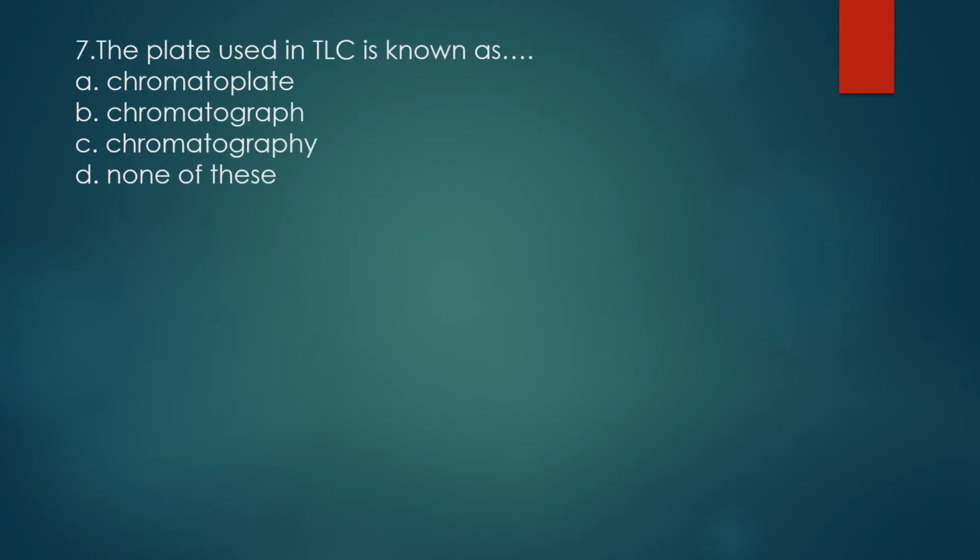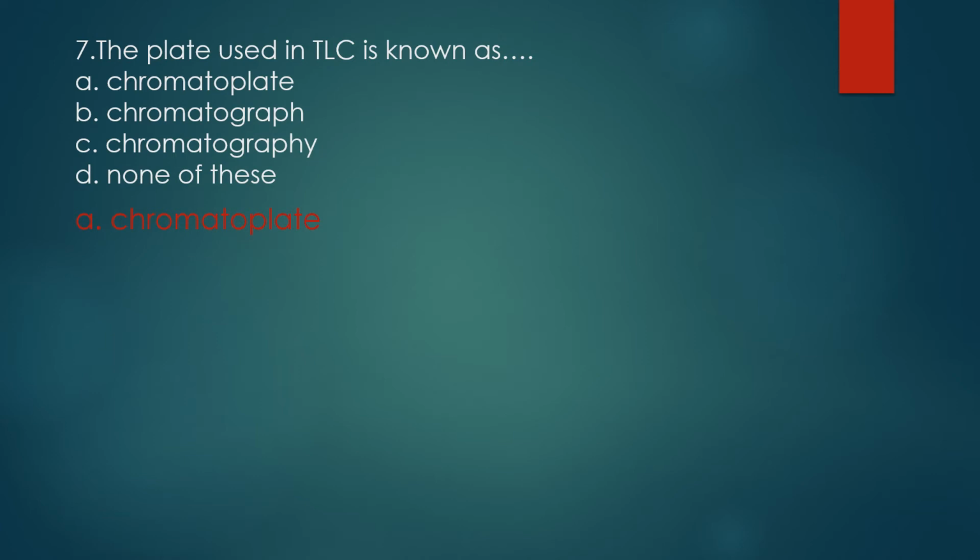MCQ number 7. The plate used in thin layer chromatography is known as option A, chromatoplate, option B, chromatograph, option C, chromatography, option D, none of these. And our correct option is option A, chromatoplate.